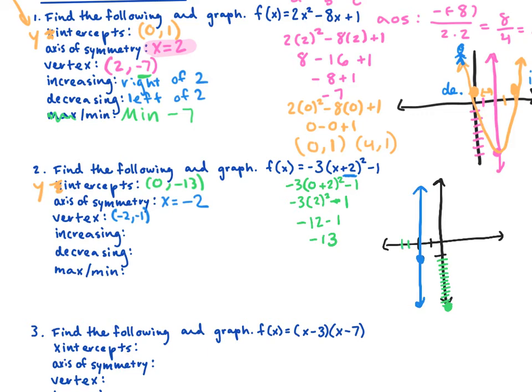So since our y-intercept was 2 spaces away on the right, we need to be 2 spaces away on the left. We'll go to the left 2 spaces of our axis of symmetry since it was already at -2. It goes to -4. So this would be -4, -13. And then once we have our 3 points, we can connect them with our parabola.